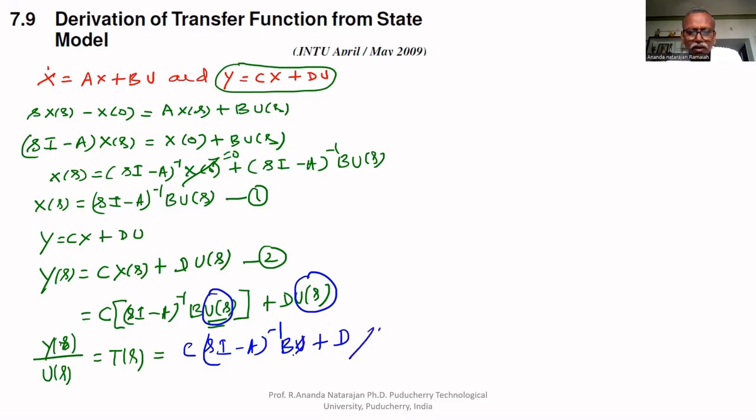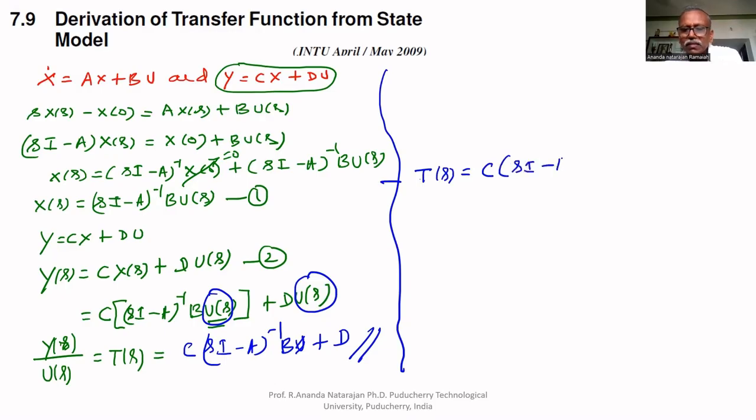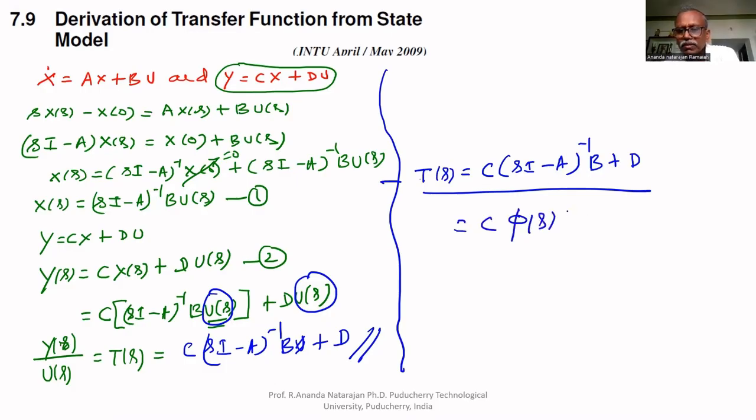This is the derivation for the transfer function. Therefore, for a given state model, the transfer function is the C matrix multiplied by (sI minus A) inverse B plus D. We can call (sI minus A) inverse as phi of s, so it is C phi of s B plus D.